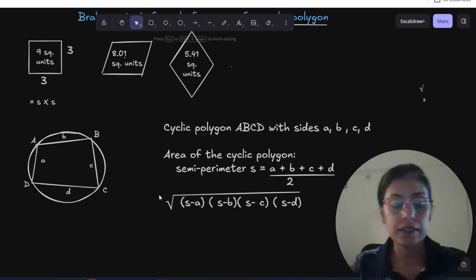And this is the area of this cyclic polygon.